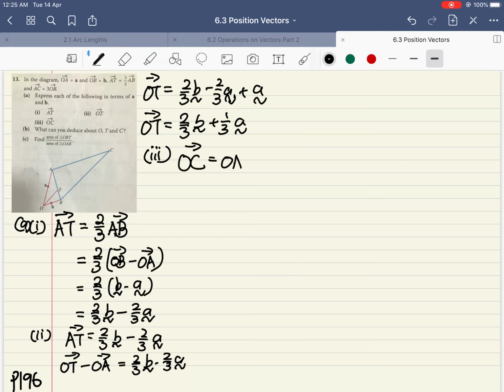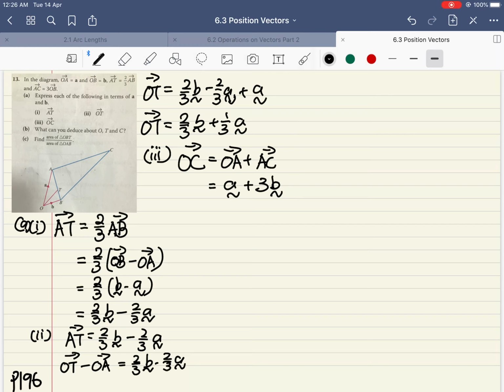So I'll use this information to solve for OC equals OA plus AC. OA is simply A, and AC is 3 times OB, so 3 times OB gives me 3B. Hence OC is A plus 3B.